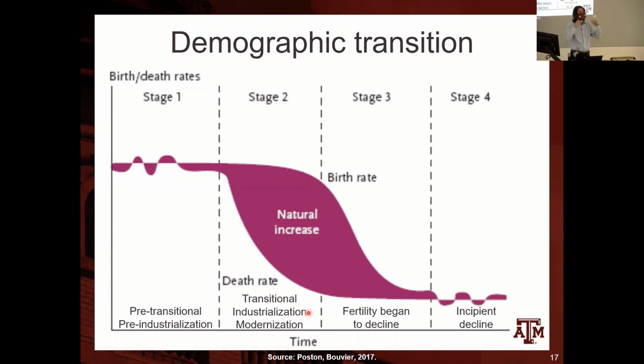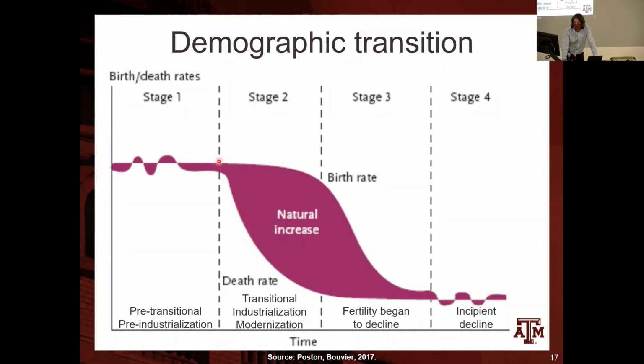So people start to live longer with basic changes in how people live their lives. The water system is treated, sewer systems start to be implemented, people start to wash their hands before eating. When there is a birth, everything is done in a more hygienic environment. So you start to have a huge decline in mortality.